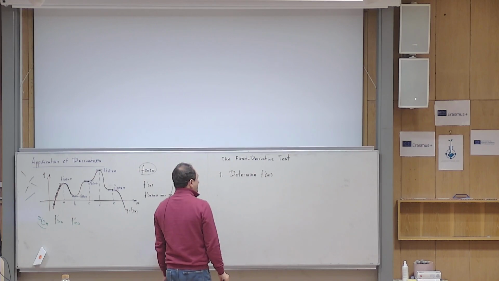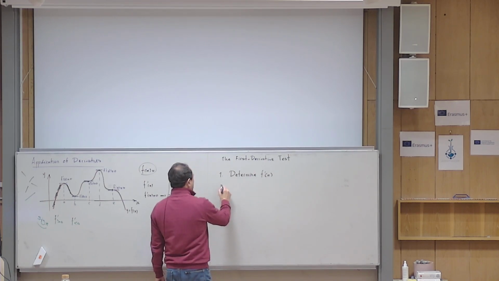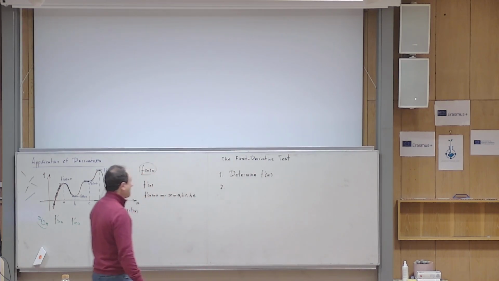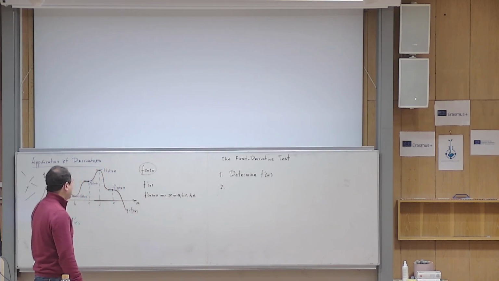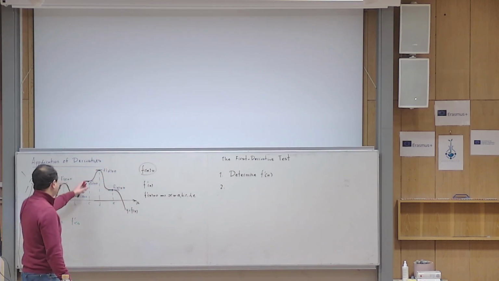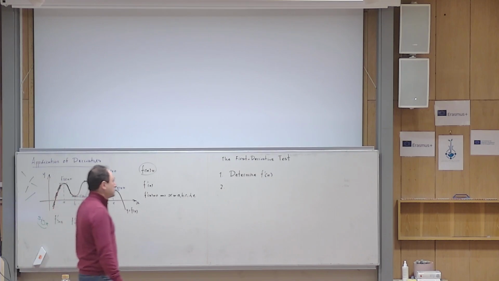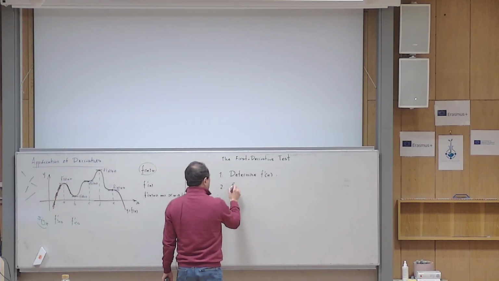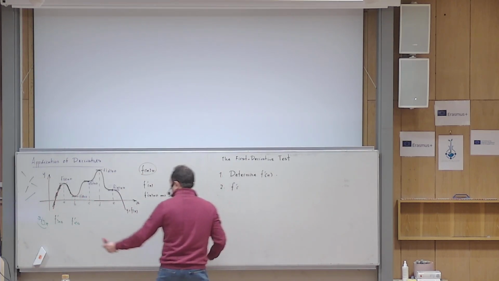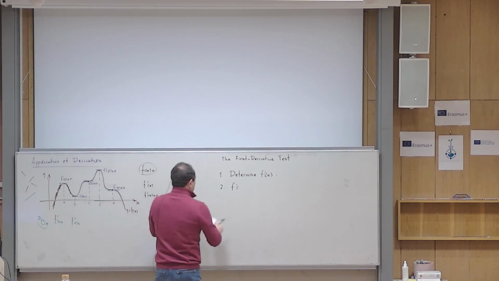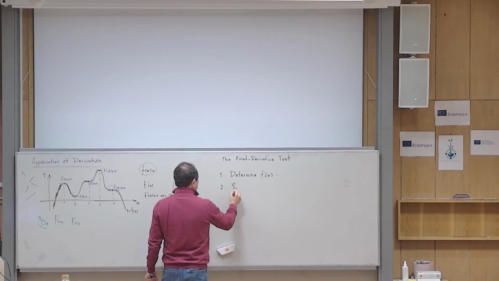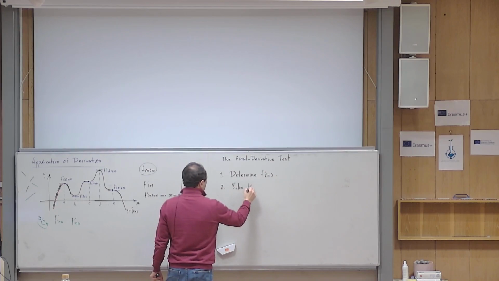Number two, what do we do? I need to find my candidates. My candidates are among those points for which the derivative is 0. So it is a good idea to solve f prime of x equals 0.